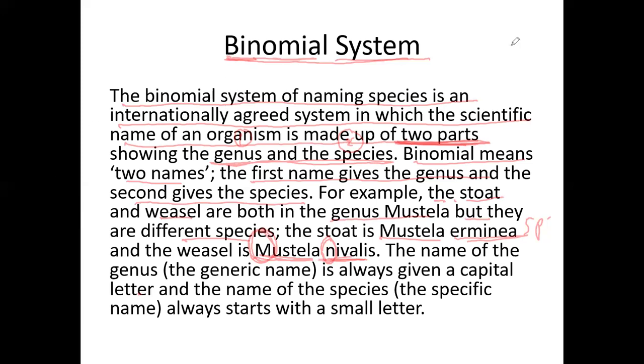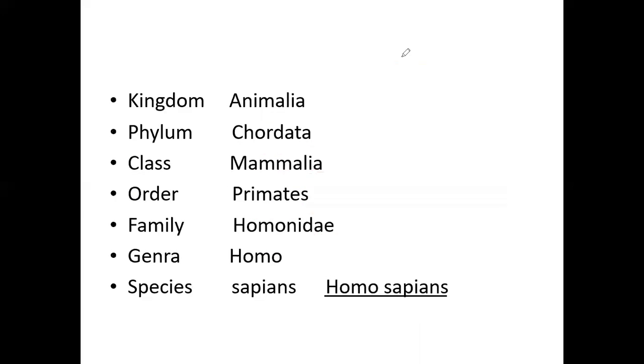I would like to move towards the next slide, where you can see the classification of human beings. We are human beings, so we belong to the kingdom Animalia, phylum Chordata.